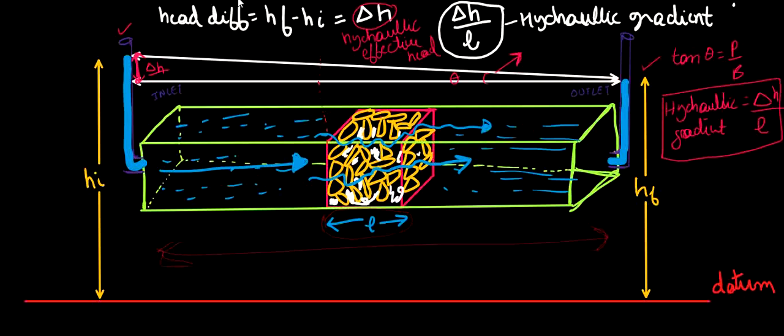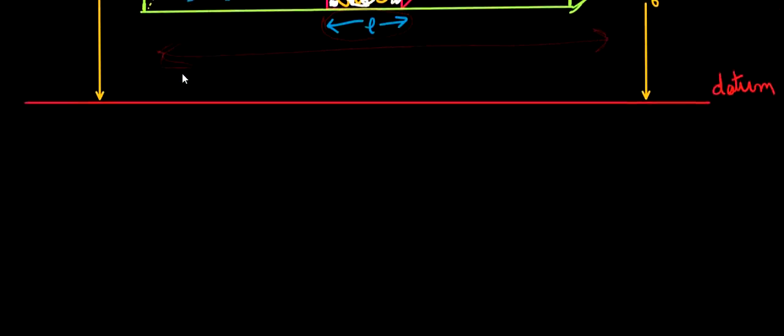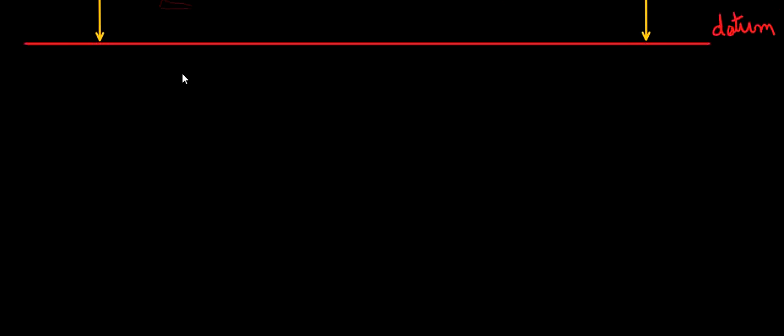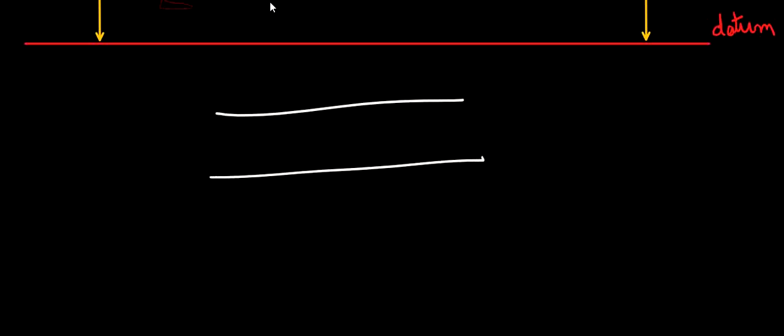First of all, I have made this figure to make you understand the concept only. In reality, let me show you, the case would be like this. Suppose this is my pipe, or you can say a glass tube. This is my soil sample.